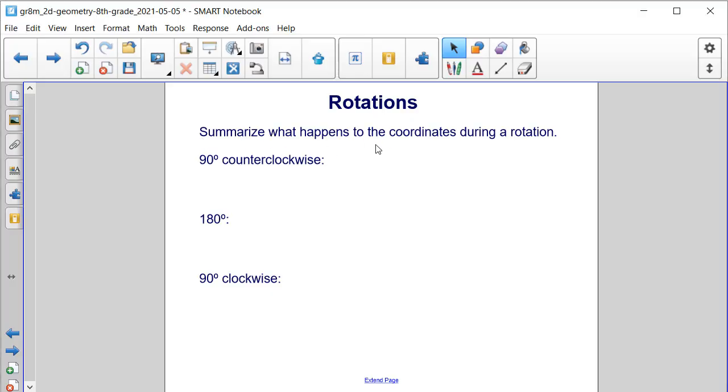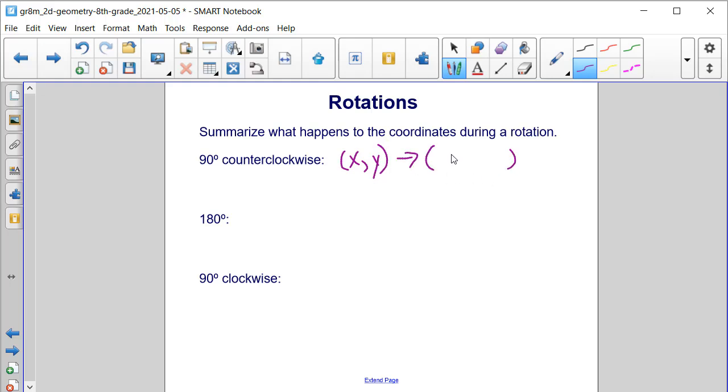Let's try to summarize what happens to the coordinates during a rotation. When it was a 90-degree counterclockwise rotation, we went from having coordinates (x, y) to, well, the x and y values switched, and the new x coordinate, or the original y coordinate, became negative.